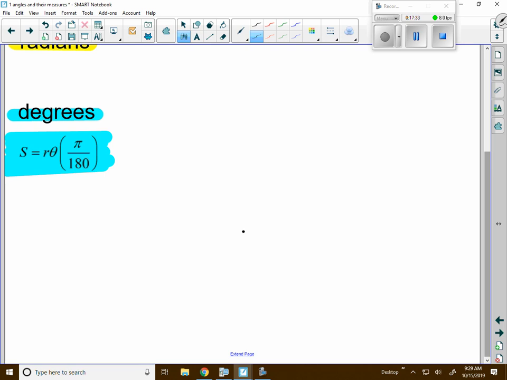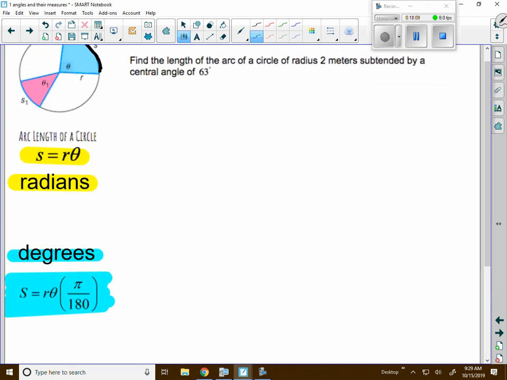Right beside this new one, write degrees, or you can put D or whatever you want to note that it's degrees. Now the reason I'm giving you an extra formula is that it simplifies things. If I give you an angle in degrees, you're going to use this formula. If I give you an angle in radians, for example, 3 pi over 4, you would use this formula. You with me on that?